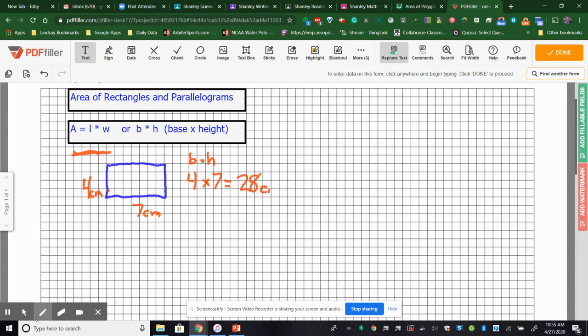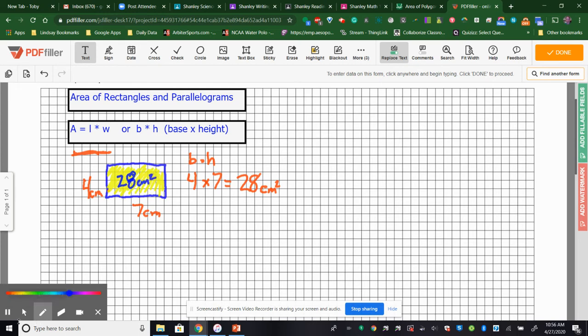So it's 28 centimeters squared because we're talking about the number of squares on the inside. So when we look at this, we can say the inside area of this figure is 28 centimeters squared.